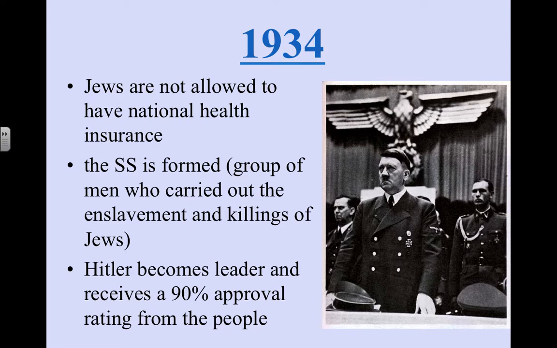Just as a comparison, in our last two presidential elections, between Obama and Kerry, that was 8 years ago, they were about 50, Obama was about 51 or 52%. So he just barely won. So they've been a lot closer. So Hitler, all of Germany believed that Hitler would be a good leader.